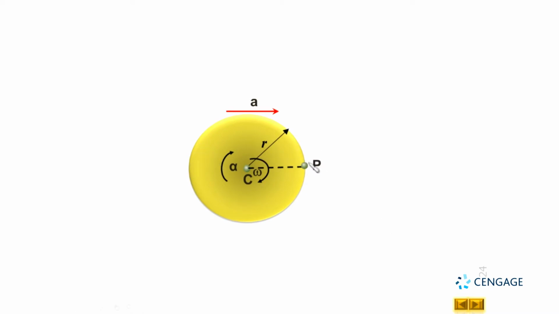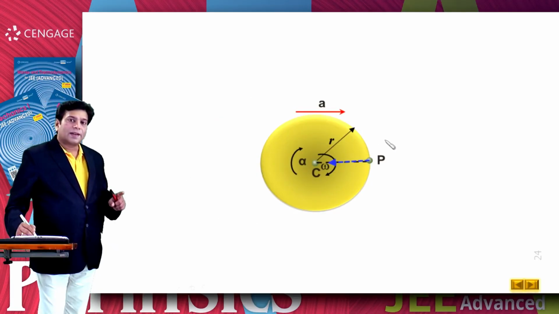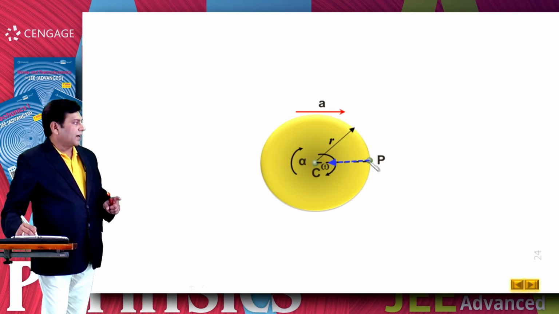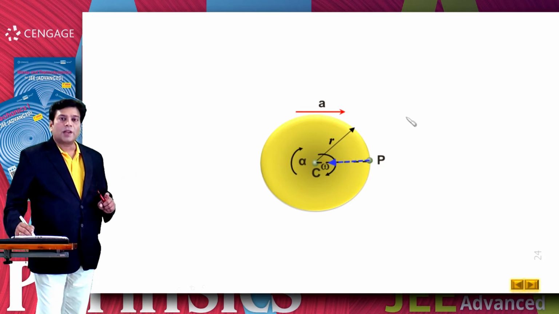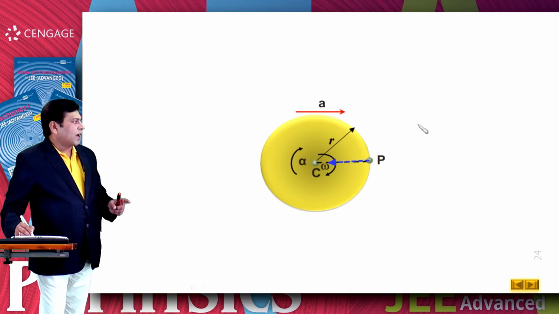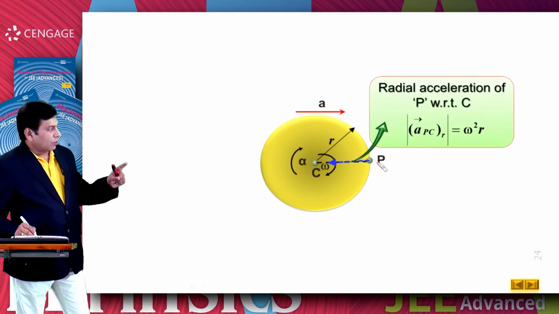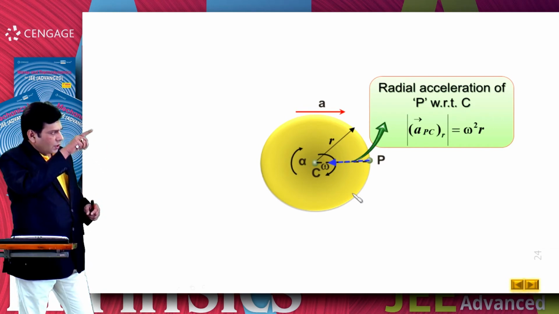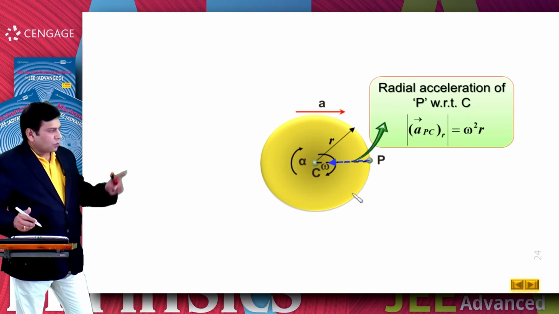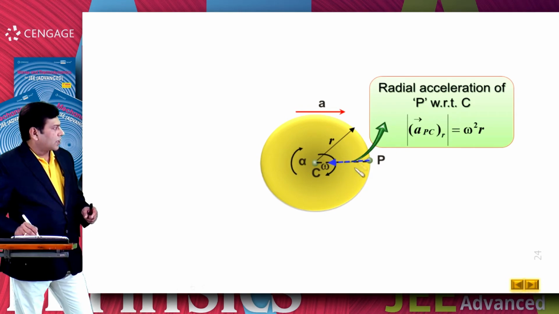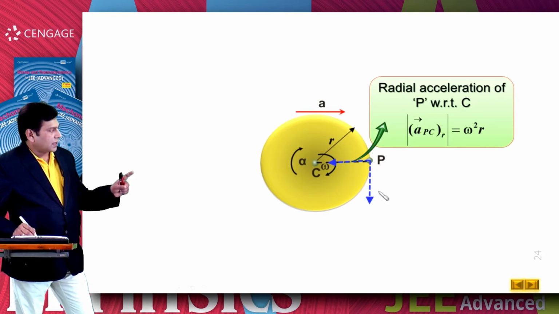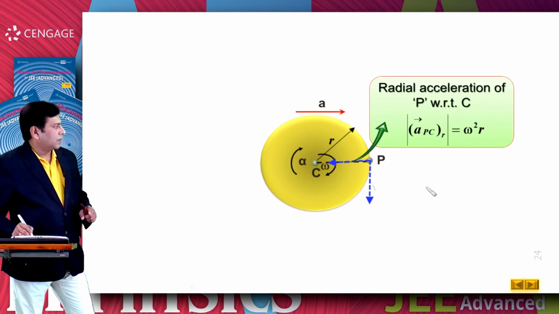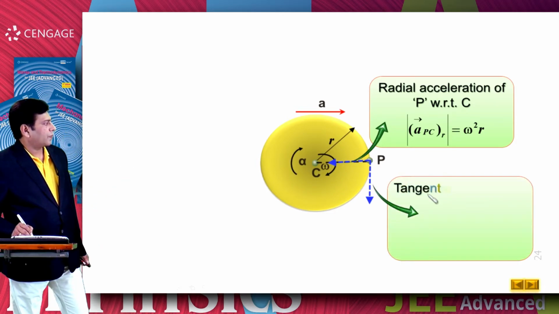Radial direction means along the radius toward the center, this vector, and this radial acceleration of point P with respect to C should be equal to omega square r. Now come to tangential direction. You know, tangential acceleration will be in downward direction, vertical downward direction. So let us make this vector like this, and this is alpha multiplied by r, that is the tangential acceleration.